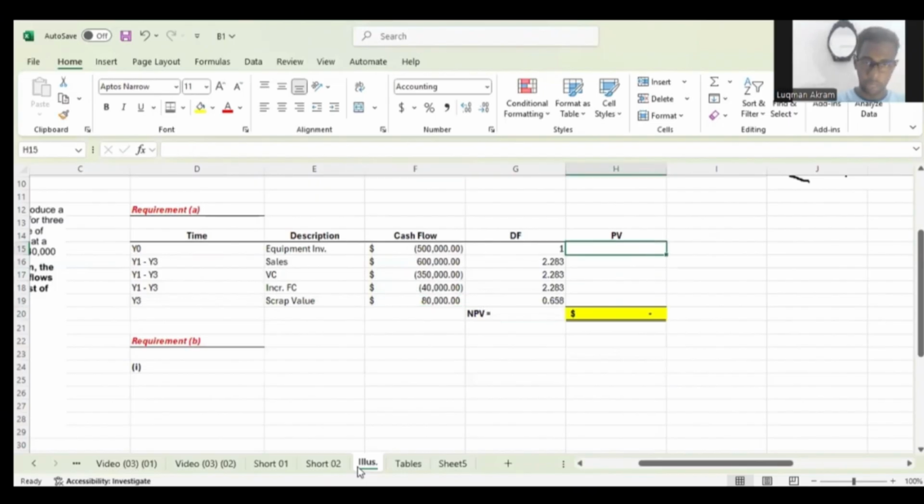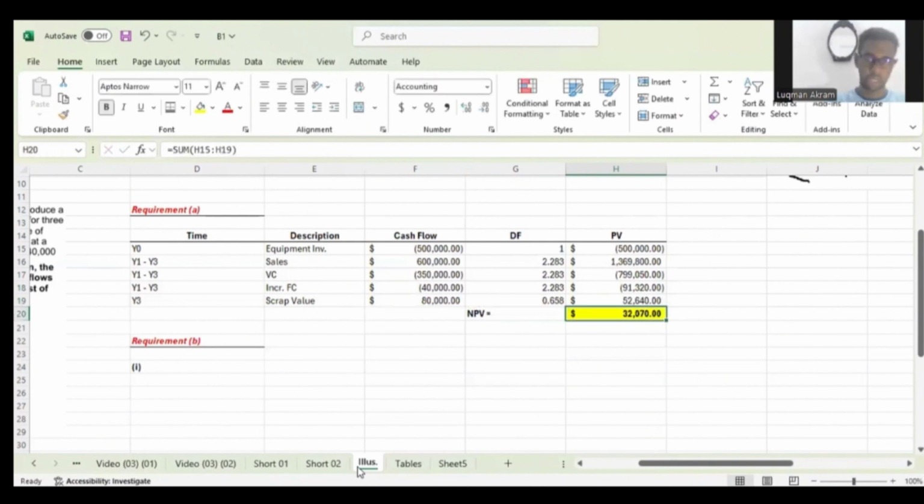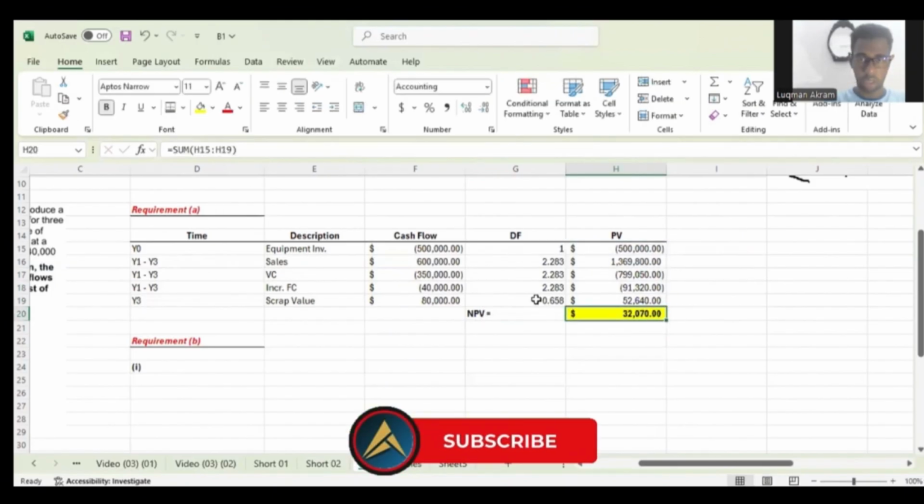Now we can calculate the individual present values: 600,000 multiplied by 2.283, similarly 40,000 multiplied by 2.283, and last but not least, scrap value multiplied by 0.658. As you can see, when we sum it, we get 32,070 as our NPV.